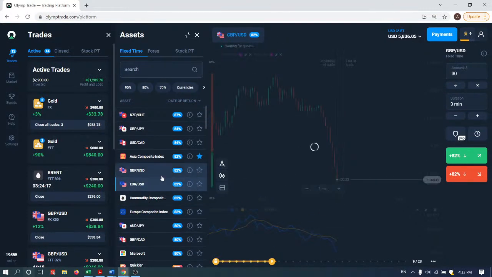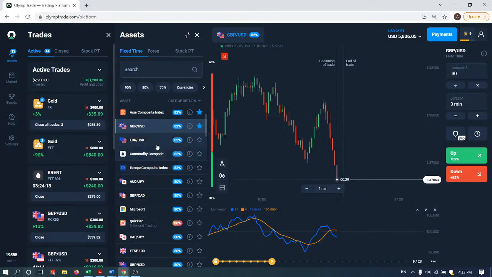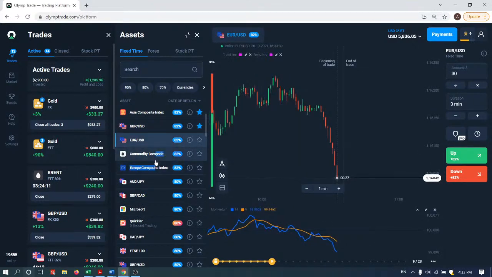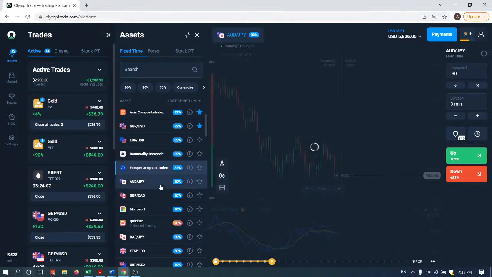So GBP USD, I think this might have a potential signal quite soon. Wow, very strong moves on US market openings.